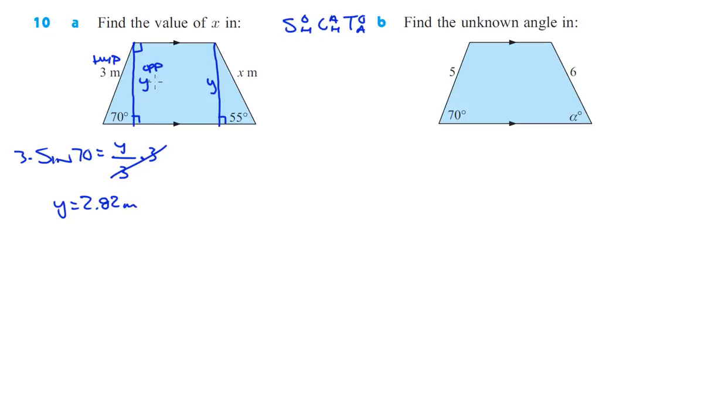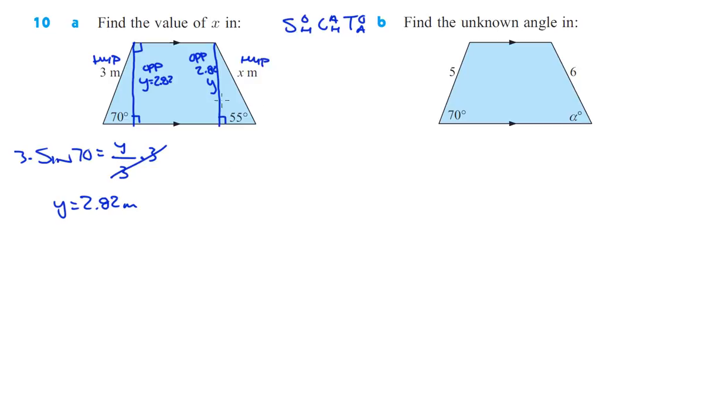So this is 2.82. And since this is 2.82, this is also 2.82 over here. Okay? So that helps us out a lot, because we don't have enough information with just this to figure out what x is. We need another side. So from this angle here, this is the opposite, and this is the hypotenuse.